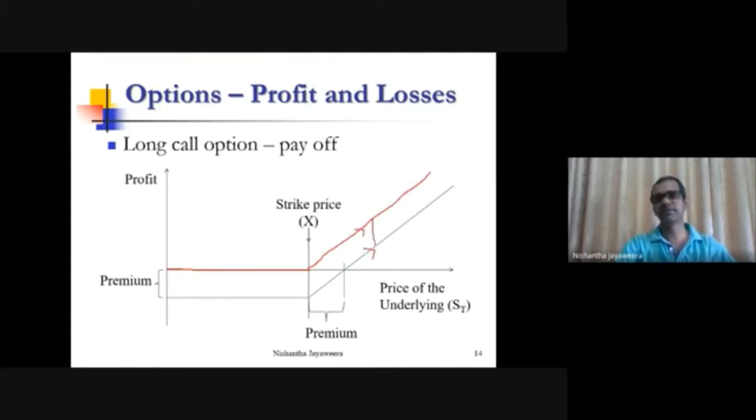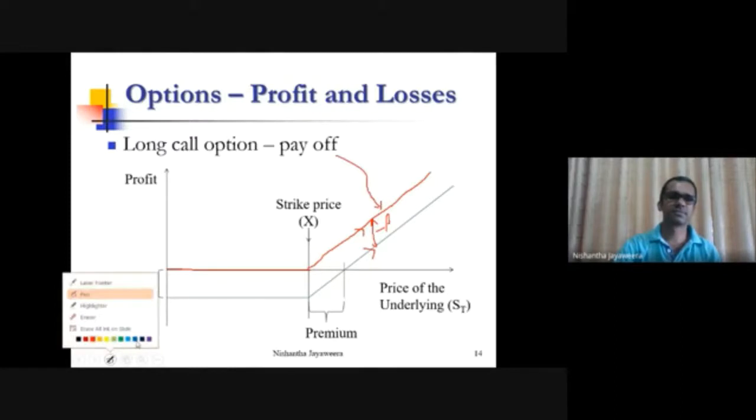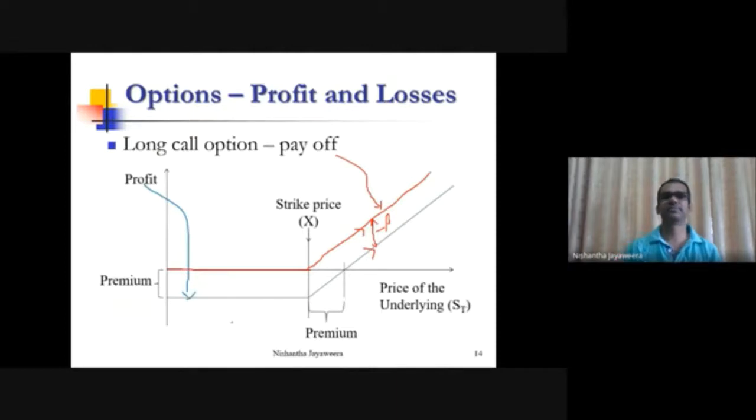What is that difference? This is the premium. So this one we call the payoff. This is the profit. And the break-even point, you get it at this point: strike price plus the premium.